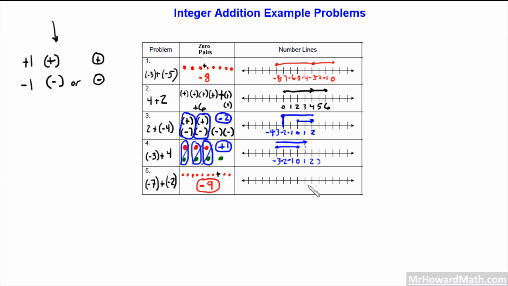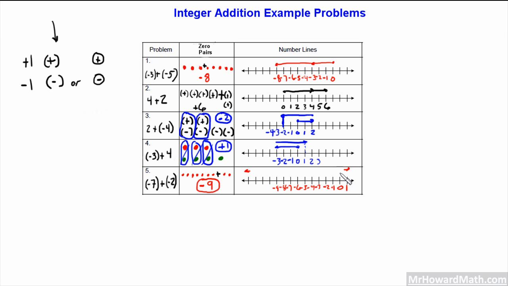Okay, let's put that on our number line again. What would make sense here? Would we want our 0 way over here, or maybe way over here? Probably way over here, right? Because we're going to need room to put the negative 9 in. So I'm just going to put 0 right here, plus 1, negative 1, negative 2, negative 3, negative 4, negative 5. Sorry, this is too small. Negative 6, negative 7, negative 8, negative 9.